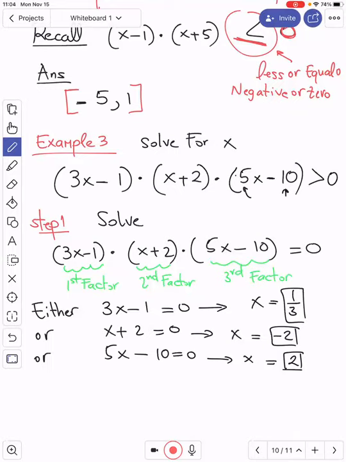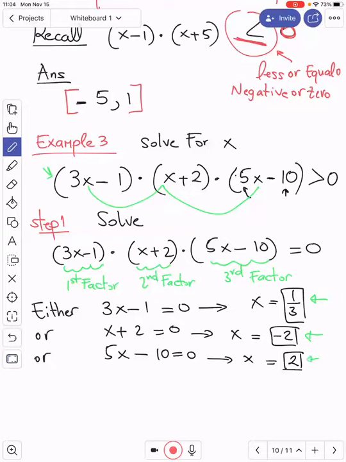It depends on the degree of the polynomial. This is a polynomial because you multiply x by itself 3 times, so that would be x cubed. This is a polynomial of degree 3, which is why we have 3 solutions.